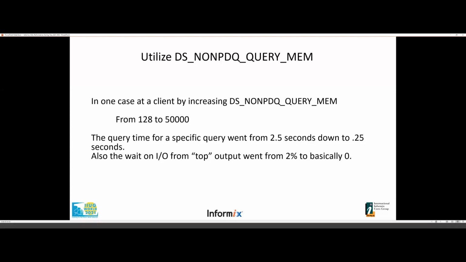On top of that, we saw that the wait on I/O from top went from 2% to 0. So if you do not have this set, I definitely recommend you set this parameter. It can help your performance quite a bit on OLTP type queries.